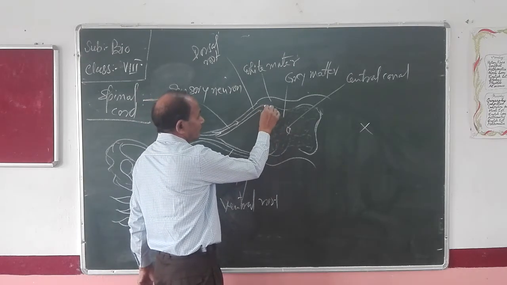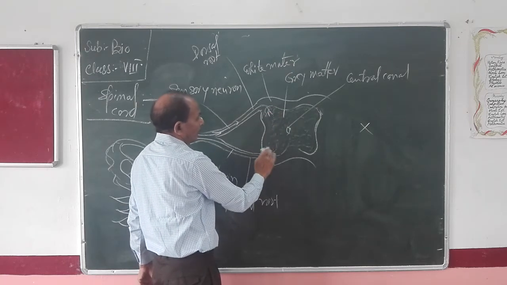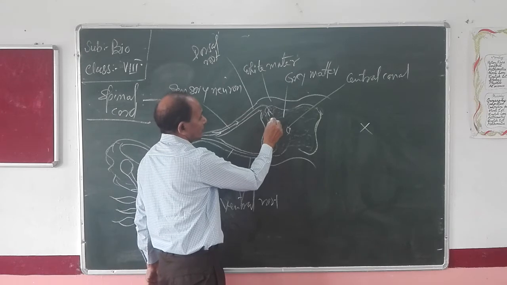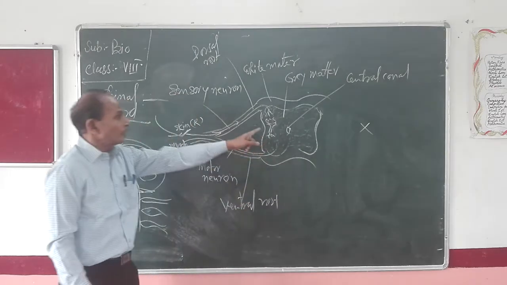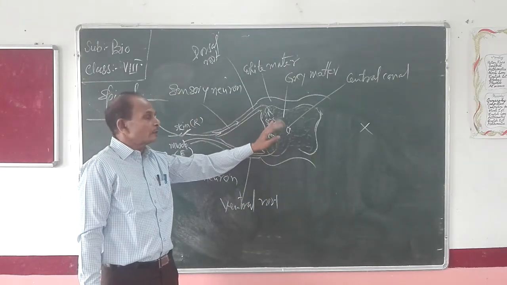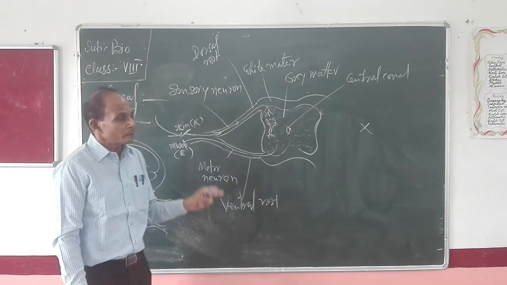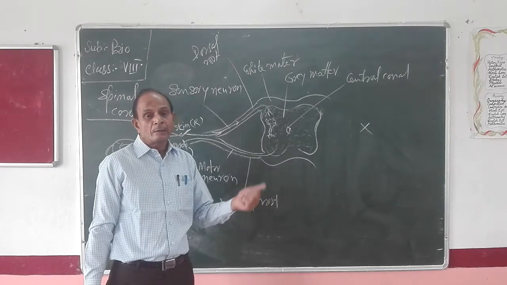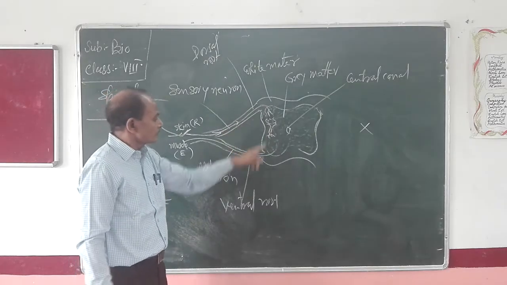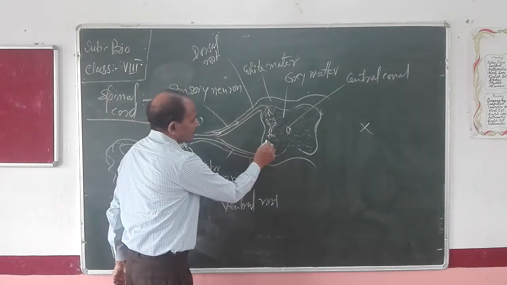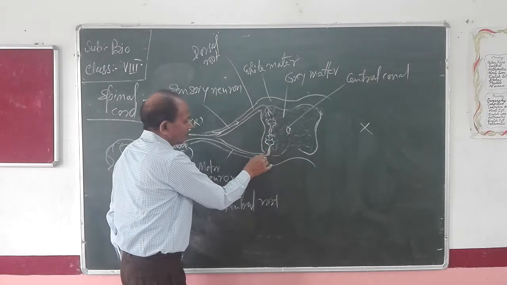The impulse will enter the grey matter, where it hands over the received sensation to the cyton of one more neuron known as the intermediate neuron, or associative neuron. At the time of studying types of neurons, we studied three: sensory neurons, motor neurons, and intermediate neurons. The intermediate neuron remains present between sensory and motor neurons. The motor neuron is responsible for carrying the impulse of order.